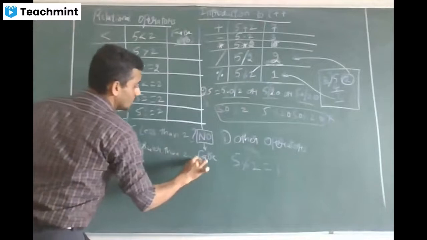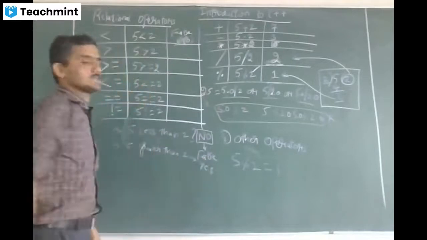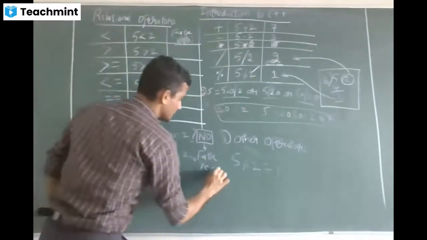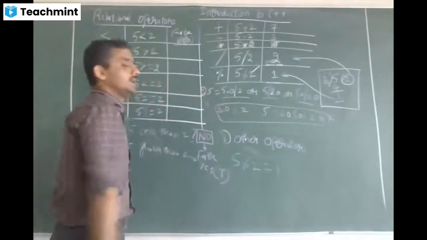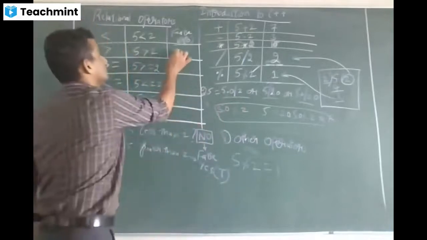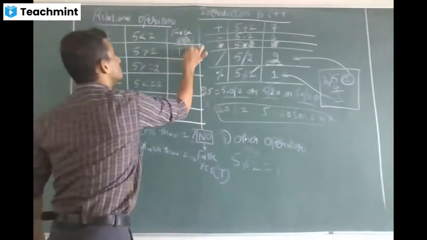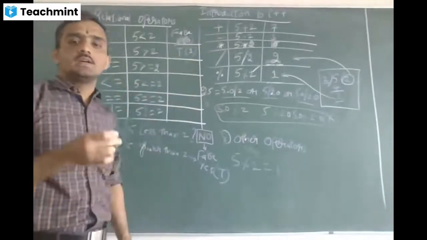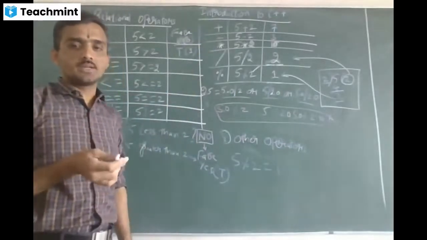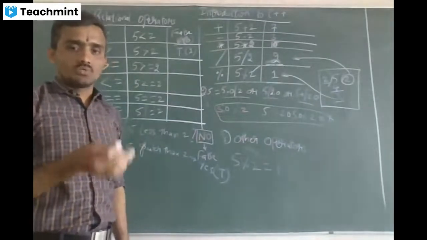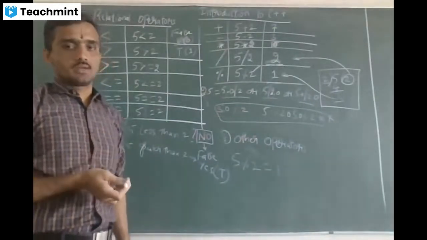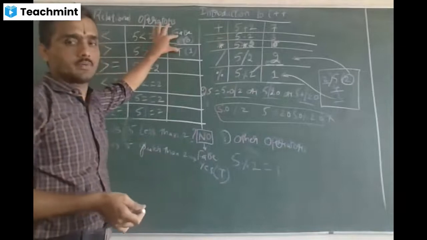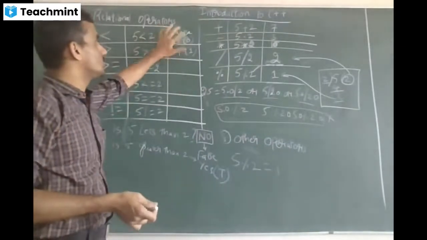The answer will be yes. Wherever you get yes, you can consider T, which means true, which is 1. You can use the capital letters T and F, the complete words true and false, or the digits 0 and 1. So 1 means true, 0 means false.